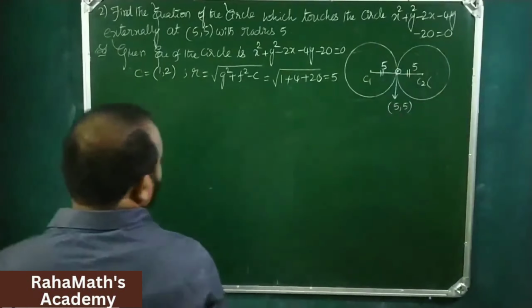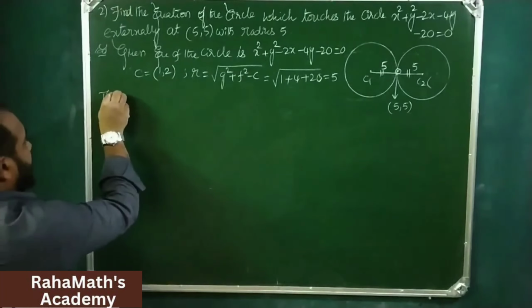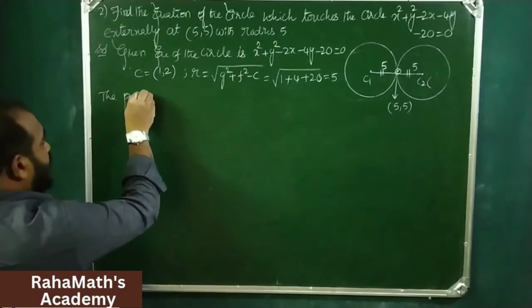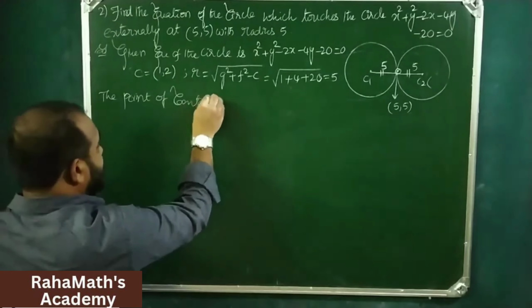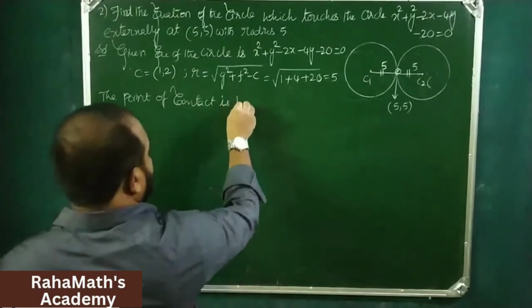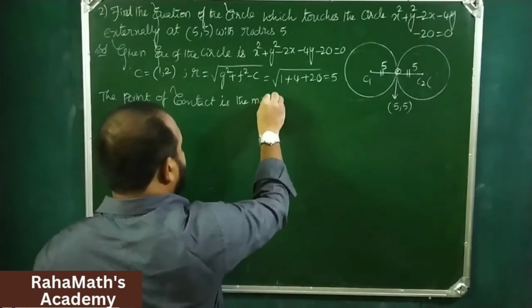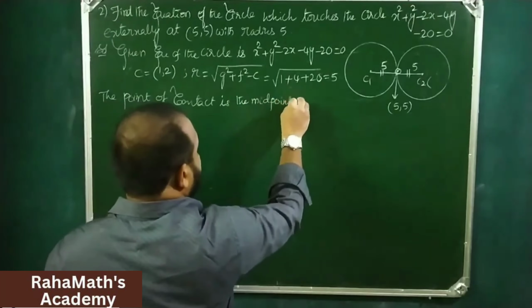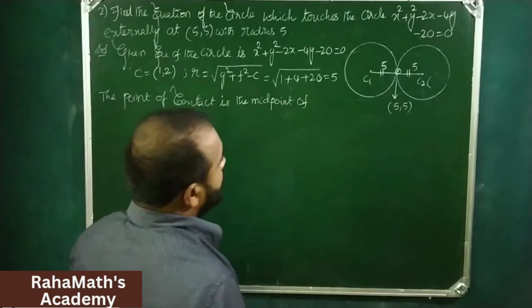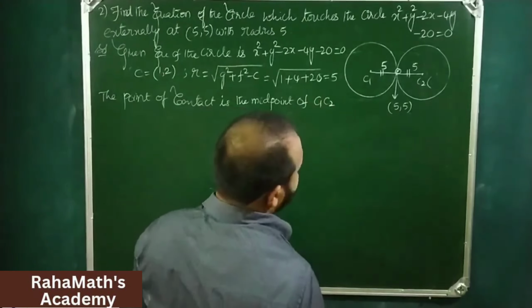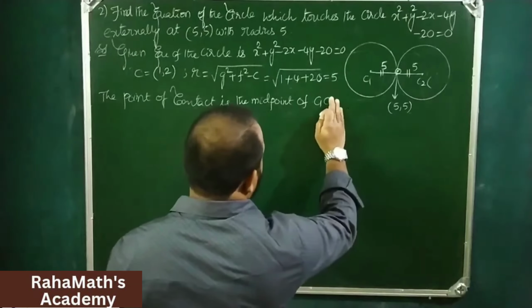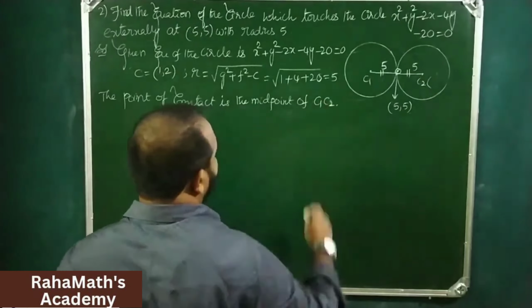So the point of contact is the midpoint of the line joining the centers C1, C2.